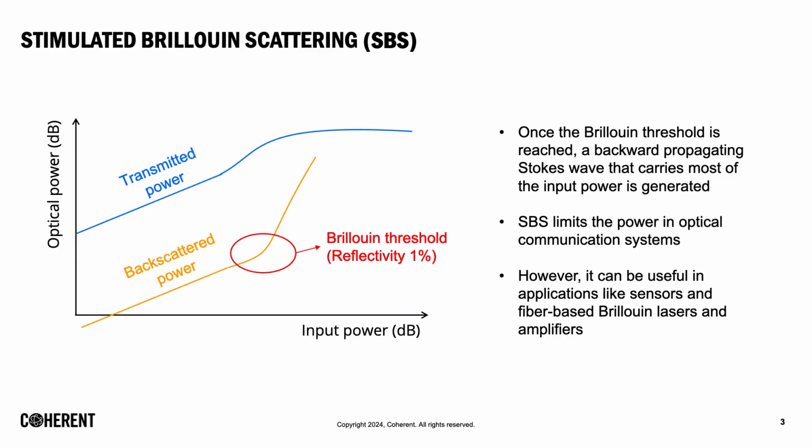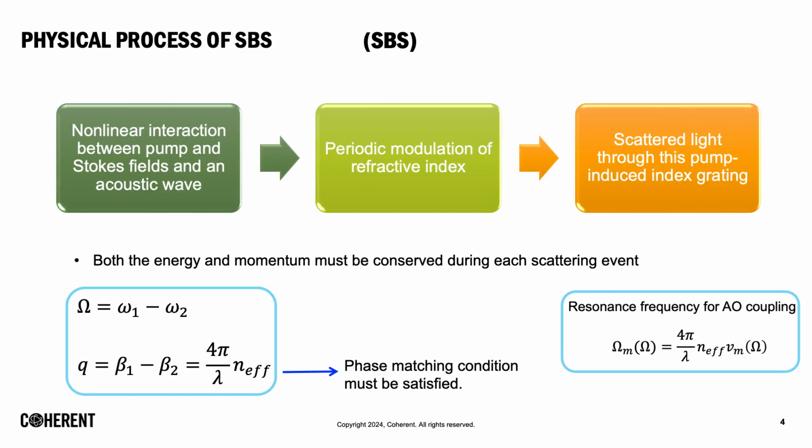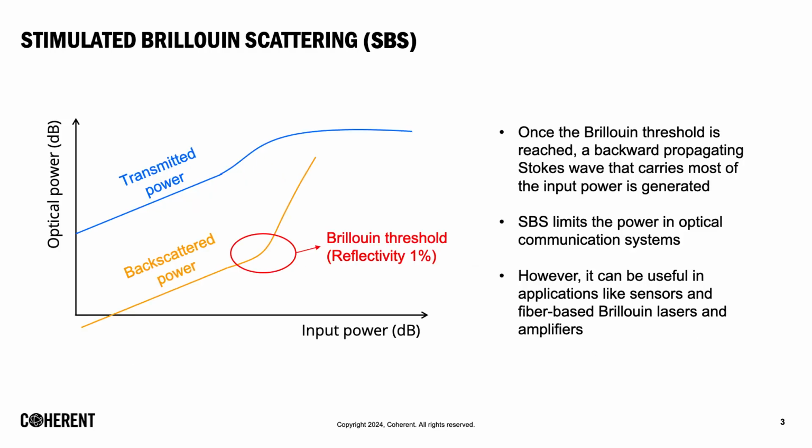It can be as low as 1 milliwatt for a CW pump or a broad pulse of 1 microsecond width. SBS in this case limits the power in optical communication systems. However, it can be useful in applications like sensors and fiber-based Brillouin lasers and amplifiers.